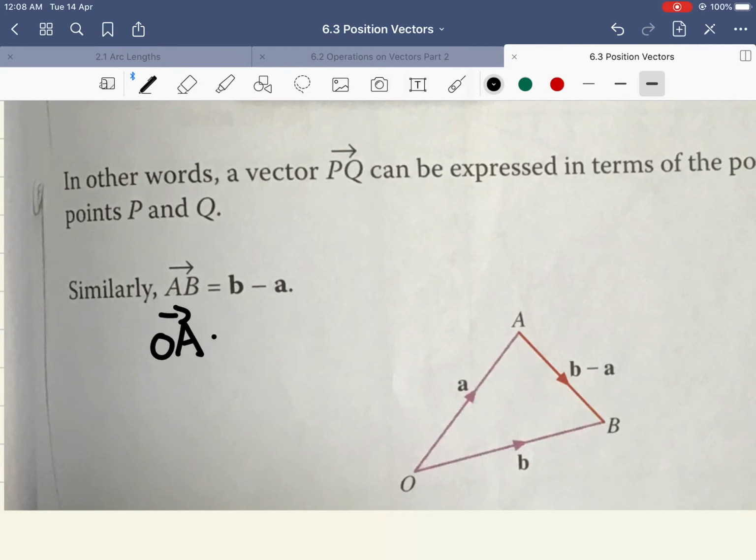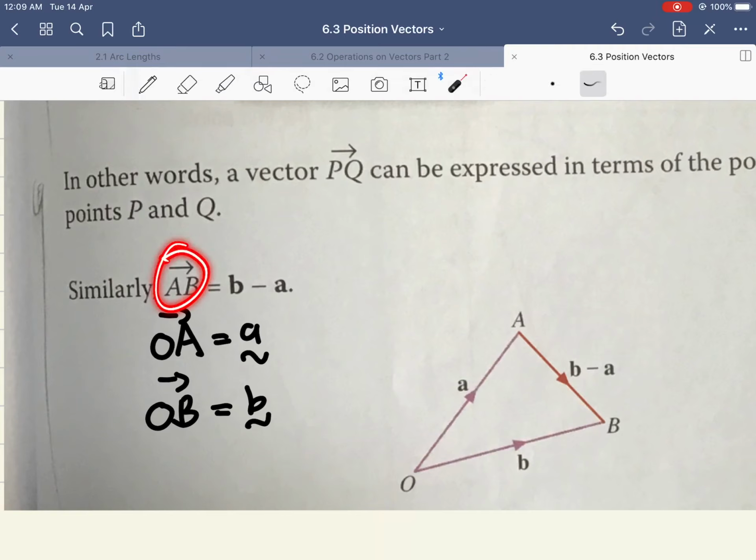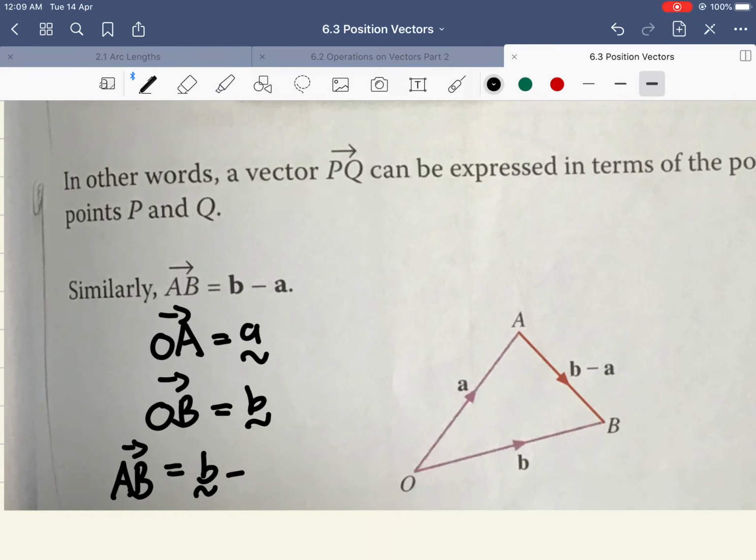For example, AB in this case. If the vector OA is equal to A and the vector OB is equal to B, then looking at the vector AB, as I said earlier, it is the second letter minus the first: B minus A. Hence AB can simply be vector B minus vector A. This can also be seen in another way.